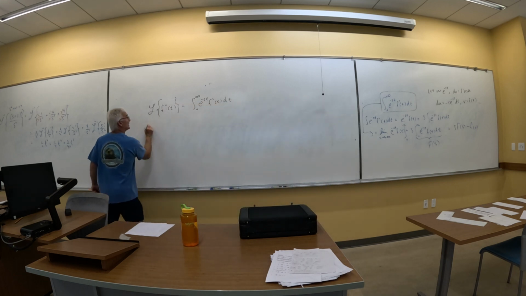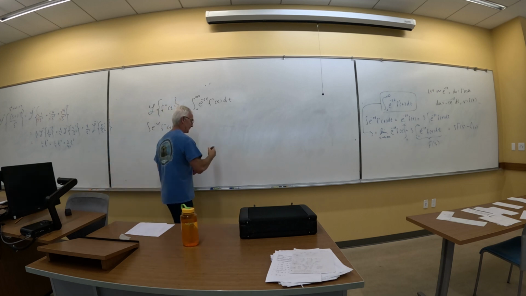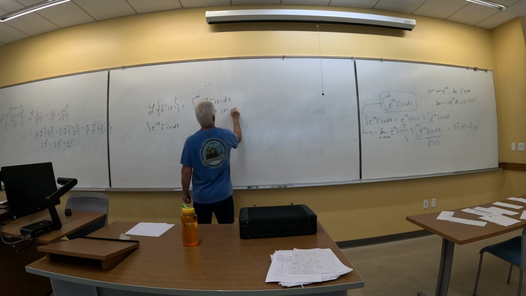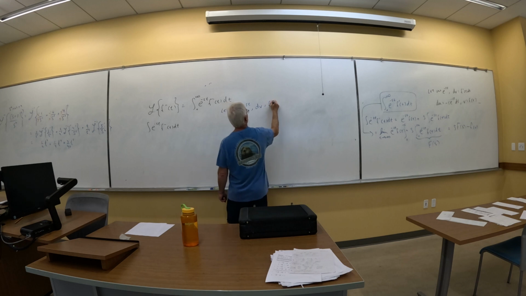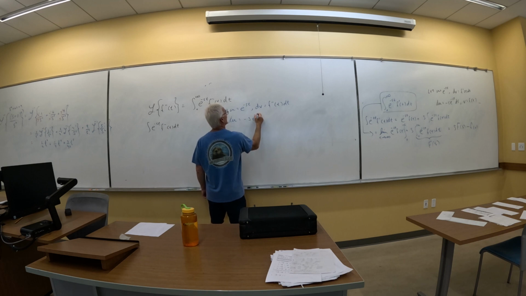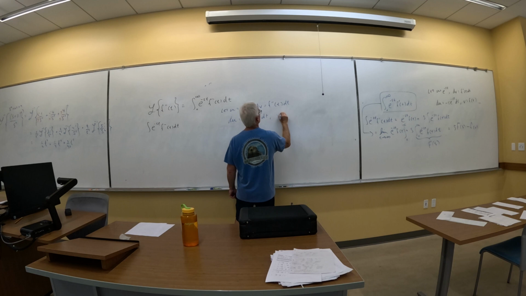So we'll do the same thing. We'll start with the general antiderivative. So if we let, again, our u be the exponential and dv be the second derivative, then the du is negative s e to the negative st dt, and v is the first derivative.